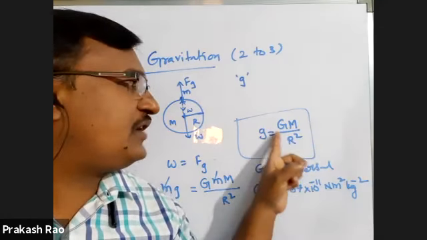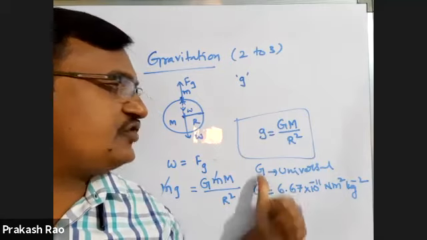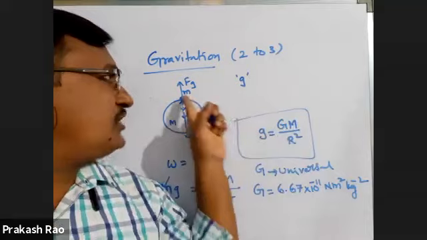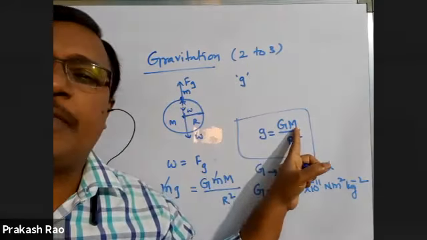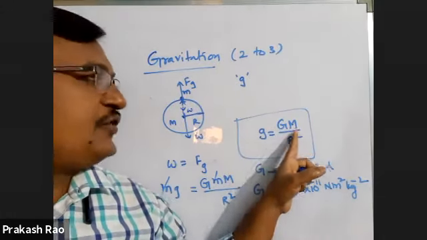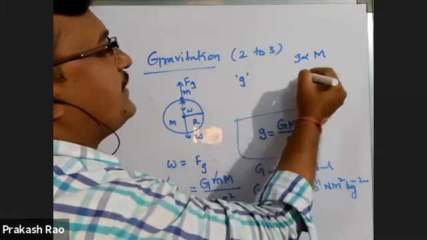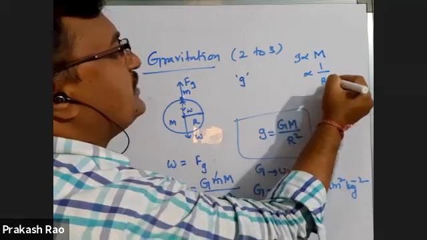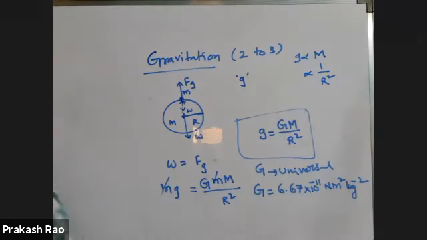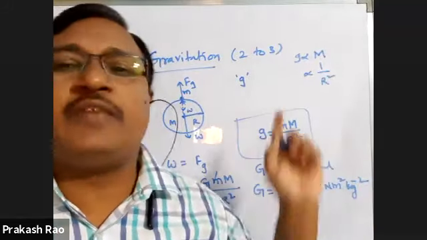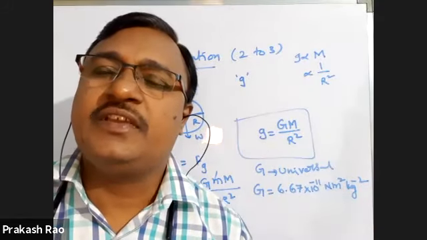It does not depend on capital G. Capital G is a universal gravitational constant. It is a constant. The capital M is not the mass of the object. M is the mass of the planet. Acceleration due to gravity is directly proportional to the mass of the planet and inversely proportional to the square of the distance from the center of the planet to the body. So this is a very, very important expression, my dear students.